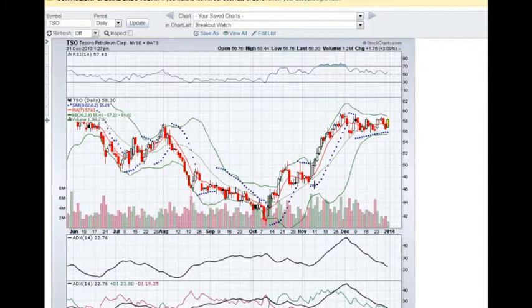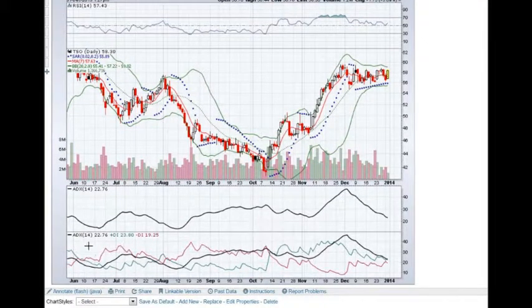The Bollinger Bands, with the stock piercing that upper band, will give a quicker signal than the ADX. That's one of the advantages. What do you sacrifice by a quicker signal? Well, you sacrifice a little bit of accuracy generally, but you get better risk-reward scenarios. So Bollinger Bands, ADX, fine.